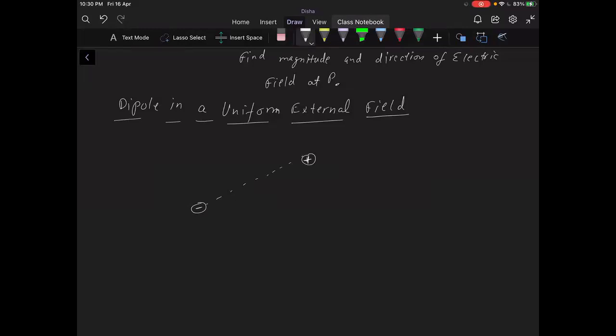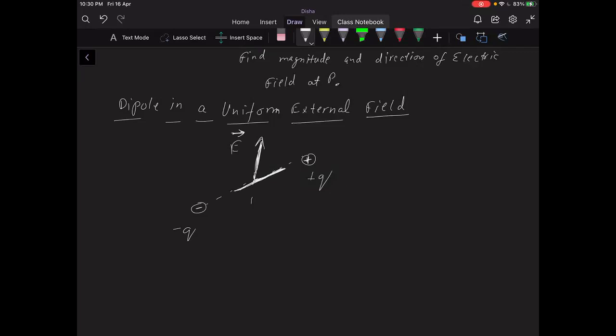Let us suppose that we have this dipole, minus q, plus q, and there is an electric field, a uniform electric field. Uniform means direction is constant and magnitude is also constant.